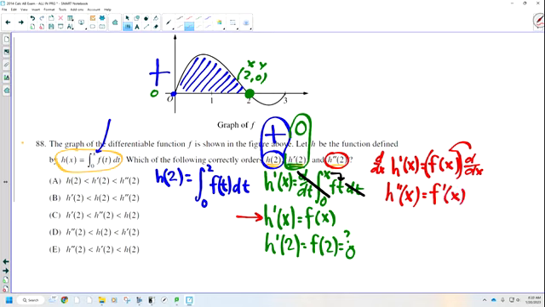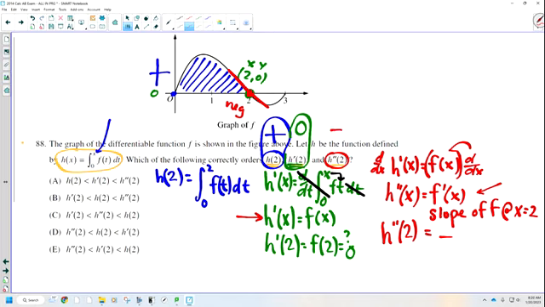The first derivative is really just slope. So it's the slope of f, and I want that at x equals 2. So here's where x equals 2. Where's the slope here? It's downward. That's a negative slope. So this has to be a negative value. I don't know what negative, 1, 2, whatever. But there you go. So if I read this right, this is the smallest.